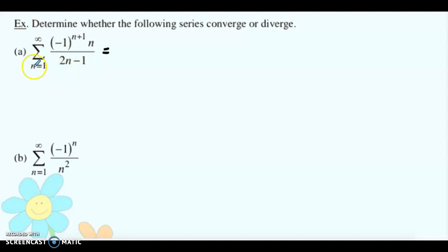We've got 1 divided by 2 times 1 minus 1, so we would have 1. The next term would be plugging in 2, so negative 1 to the third power would be a minus. So we'd have 2 over 4 minus 1, which is 3.